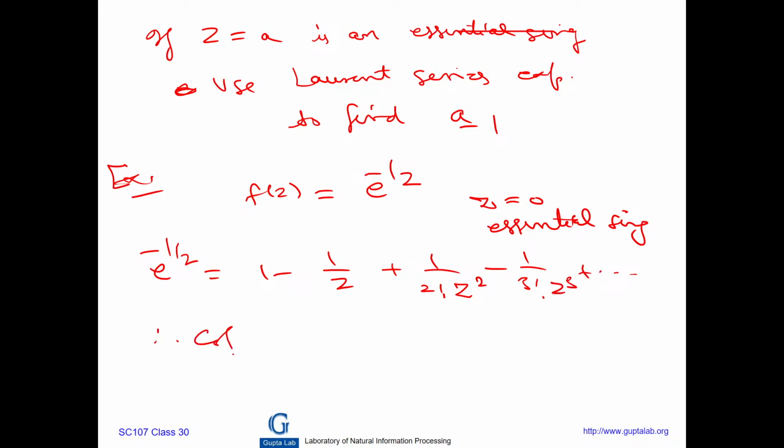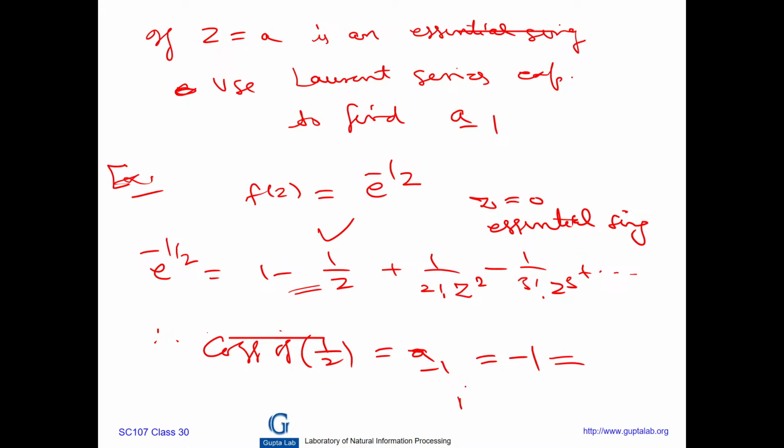Therefore, coefficient of 1 by z, which is actually a minus 1, is what? Minus 1 here. Okay, this is minus 1, this is nothing but residue of f of z at z is equal to 0.